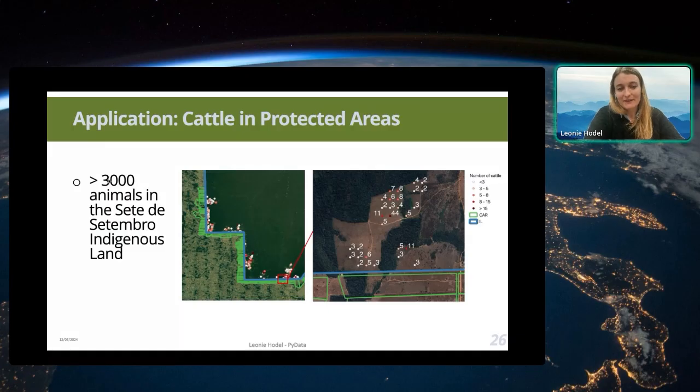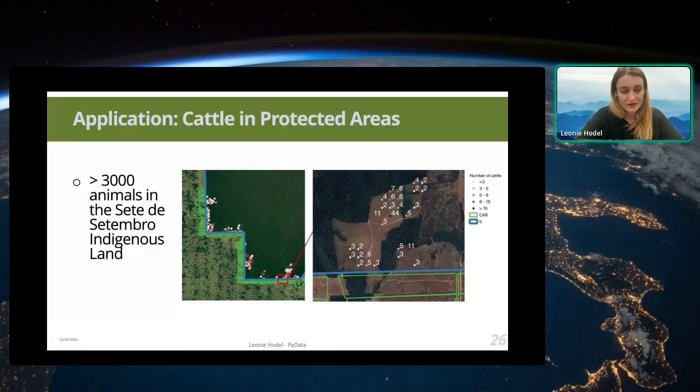Another very interesting application is looking at cattle in protected areas specifically. Here you see this whole green area is a protected area in the Amazon in the state of Rondônia, called Sete de Setembro.